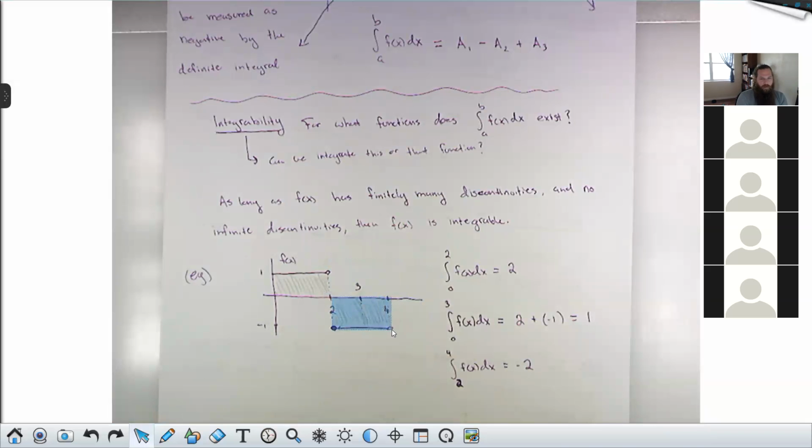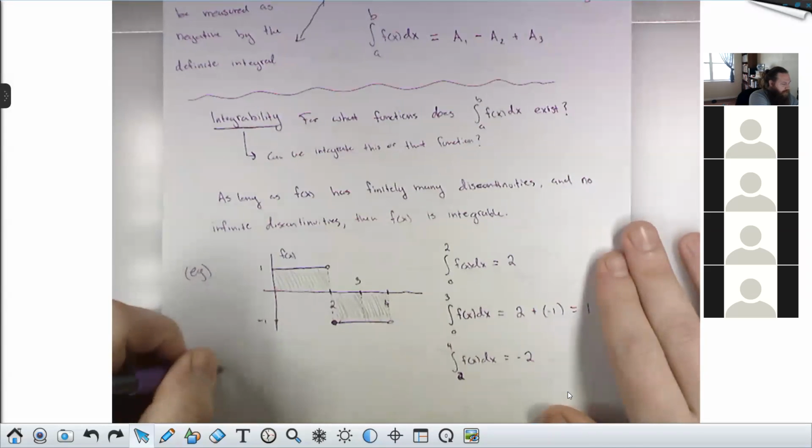So the area here is 2, but it's all underneath the x-axis. So it all gets measured as negative. So the integral from 2 to 4 of f of x dx is -2.